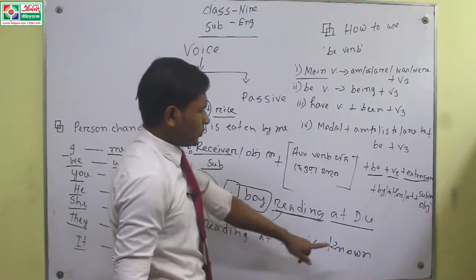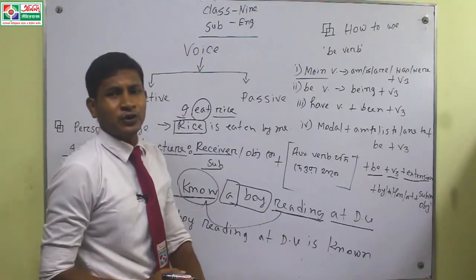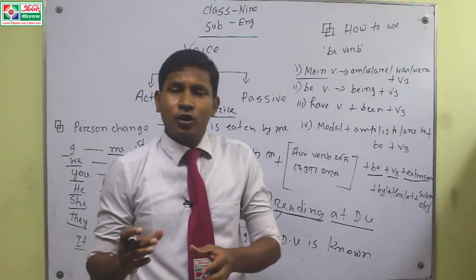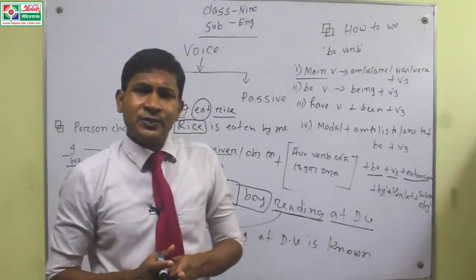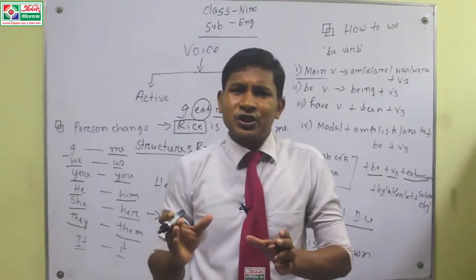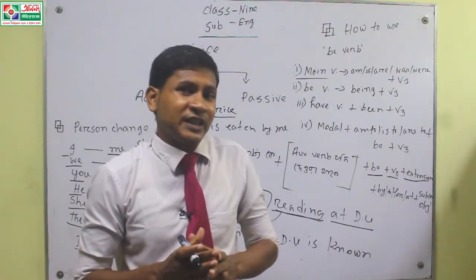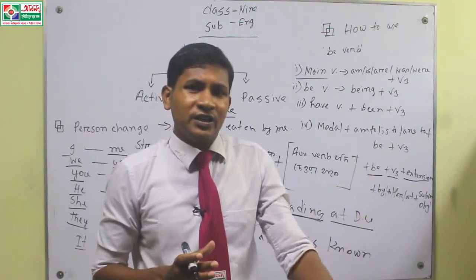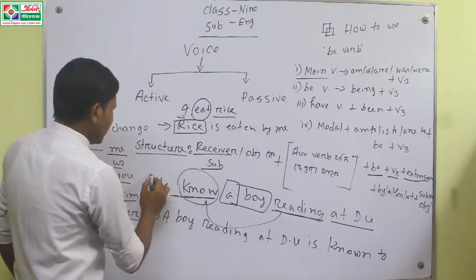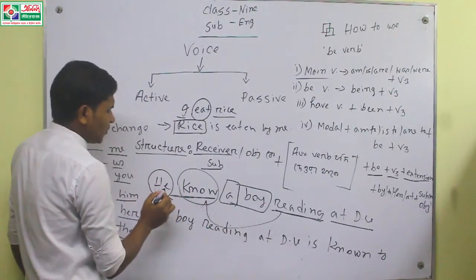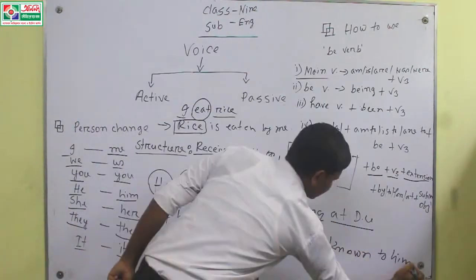Then we use here the preposition according to their own words. One point always know, sometimes we see that some prepositions can set with their own words. In this way we use here to. Then we use here the objective form of he, which is him.